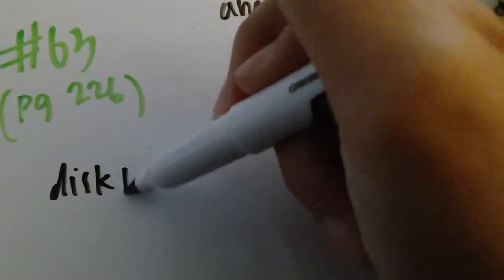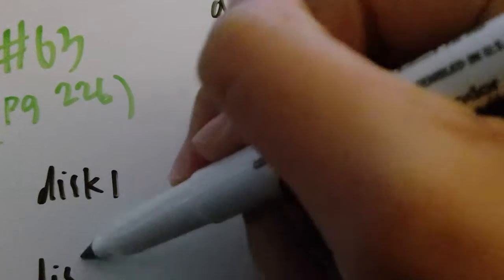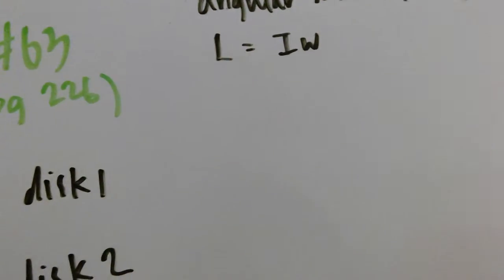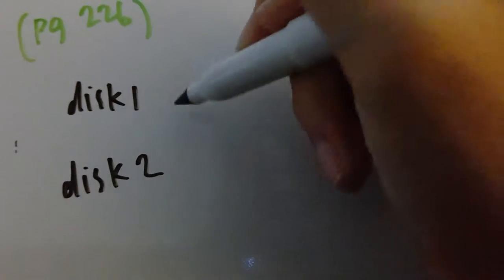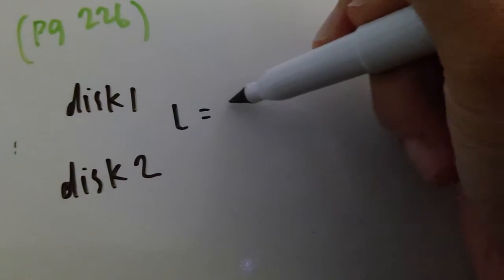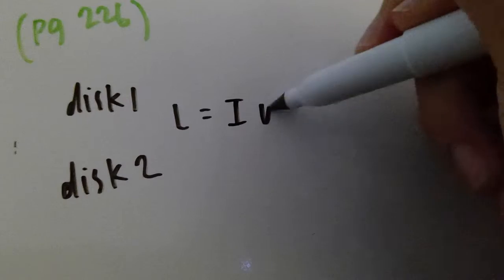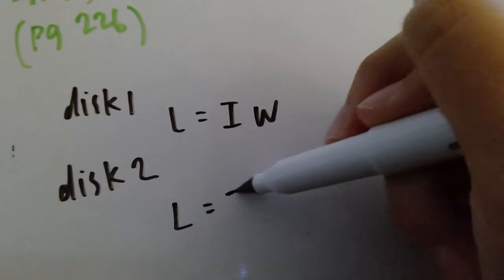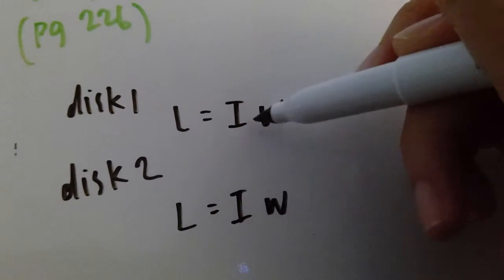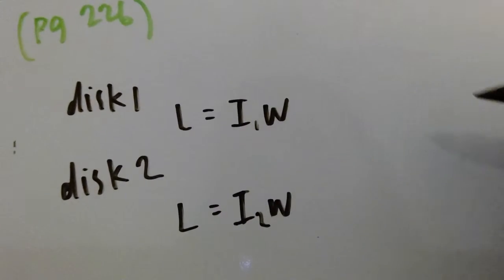So we have two disks, disk 1 and disk 2. Both of them we will put into the angular momentum equation, labeling inertia as 1 and 2.